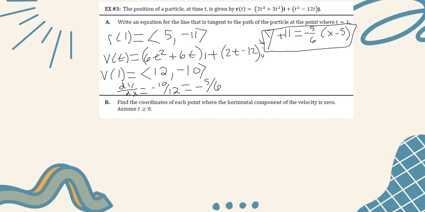So then part B asks us, find the coordinates of each point where the horizontal component of the velocity is 0. So what is our horizontal component of our velocity?